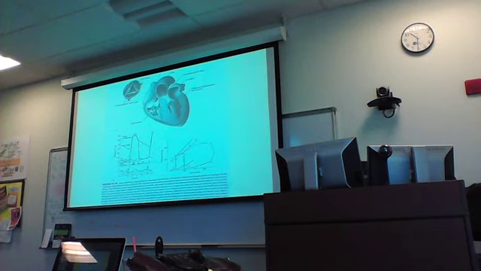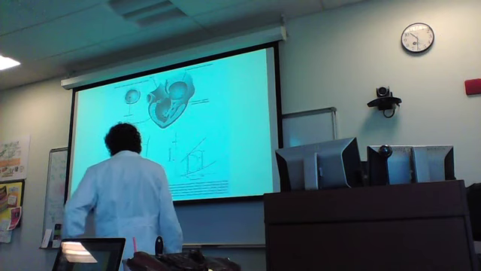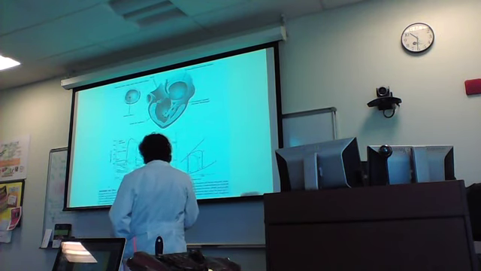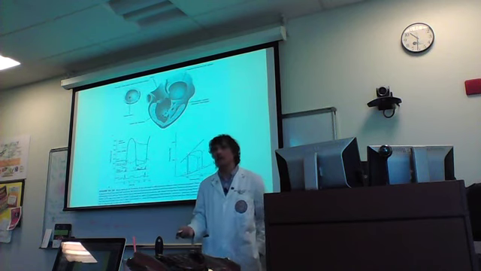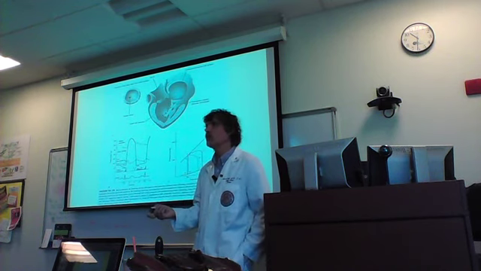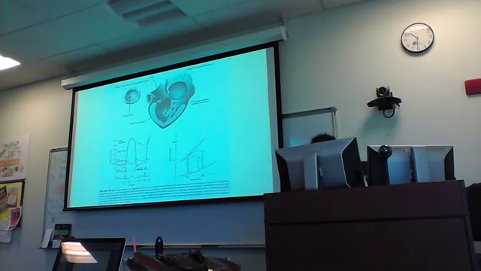And you also probably have to have a right bundle branch block to delay tricuspid valve closure. So with pulmonary hypertension and a right bundle branch block, you might have a split S1, but otherwise you probably don't.